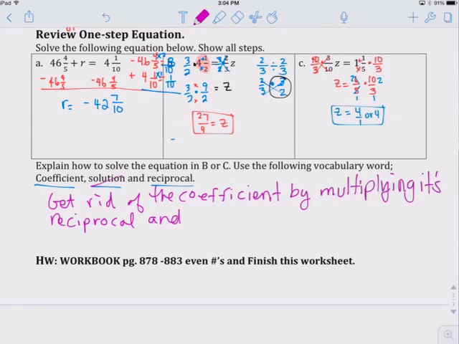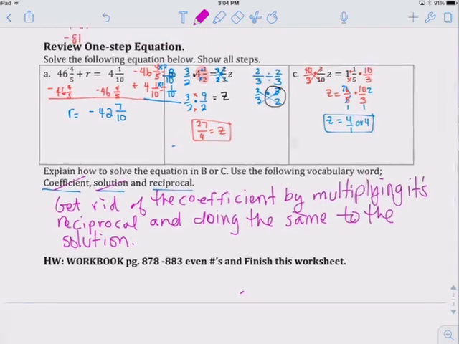You used the words coefficient and solution. This is the division property of equality, and you multiply by its reciprocal. Okay, that's what we did, right? Yeah, that's it. And then let's do the textbook.